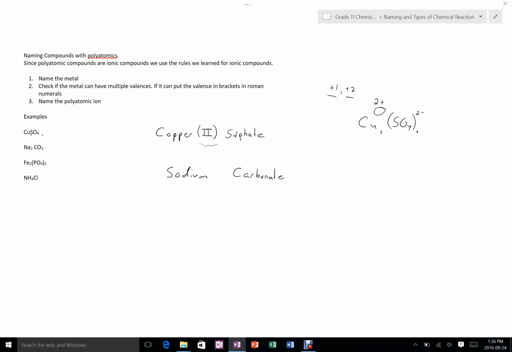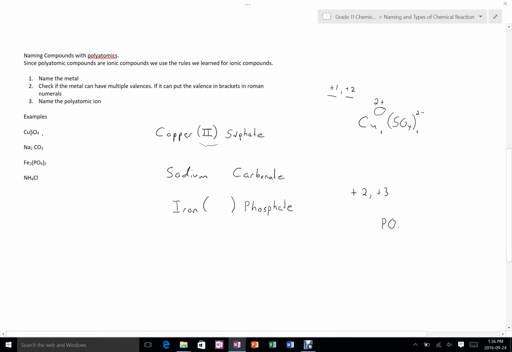All right, iron, and if you look PO4 up, you're going to find out that it's phosphate. So this is iron phosphate. If you go to the periodic table, you're going to see iron is a multivalent metal. It could have been +2 or +3. So that's a little bit tricky. So we're going to throw our Roman numerals in here, and we're going to leave ourselves a space, and we're going to go back and figure out which one it must have been in this case.